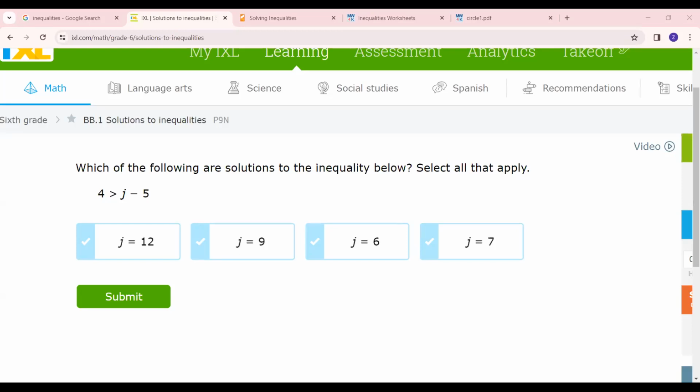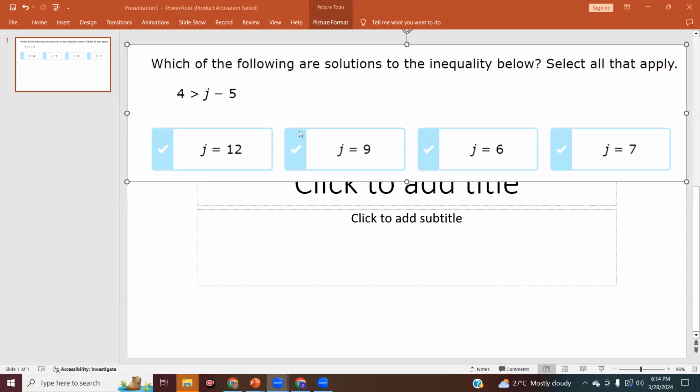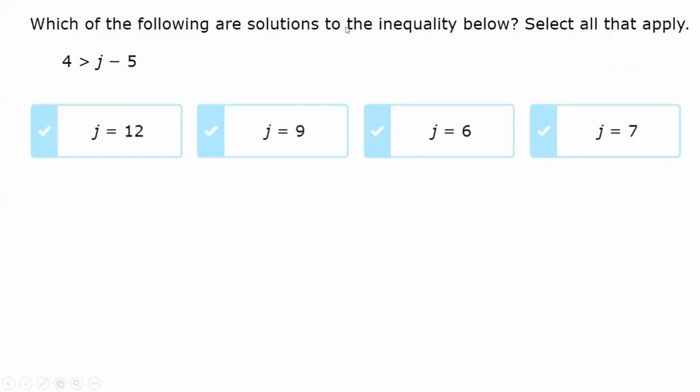Okay, so it says which of the following are solutions to the inequality below. Write this down for me, please. So what is the inequality?